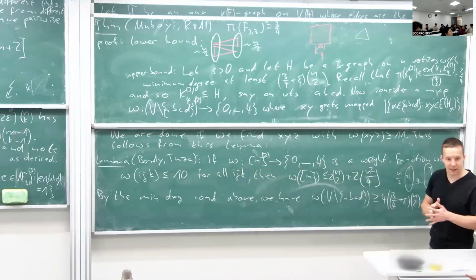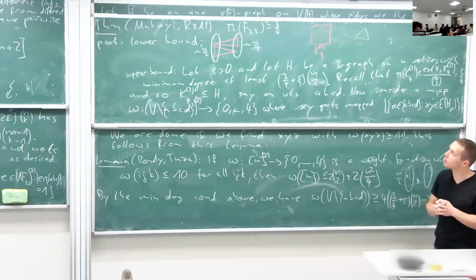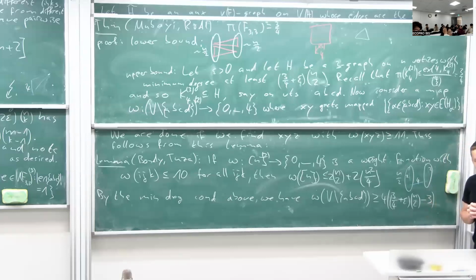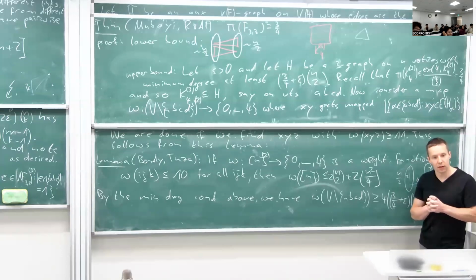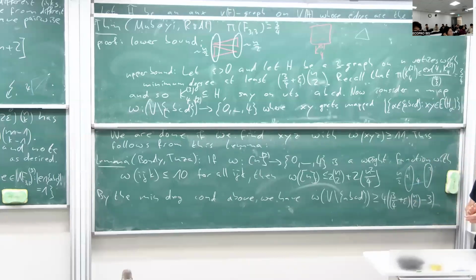So for F33, is there some general result about some graph that looks like this one, if we change the 3 vertices to some other sets? That there's a general result? Yeah, like F3t, something like this. F3t. Okay. I could imagine that there are some bounds, but I don't know.